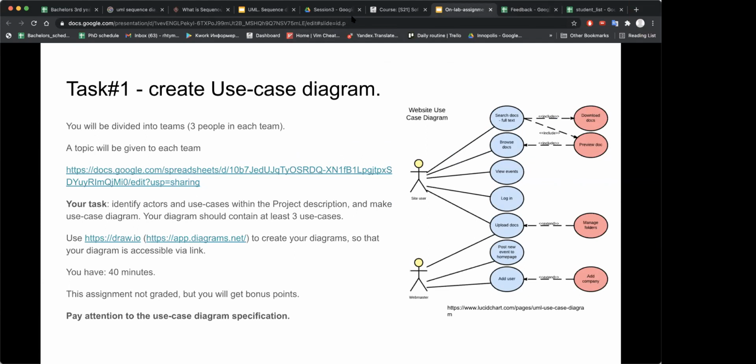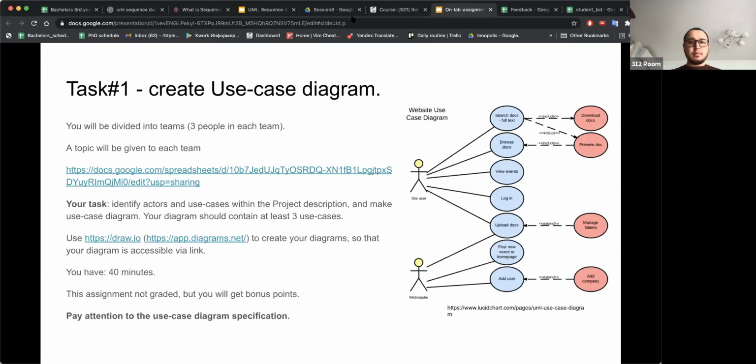Are we going to be divided randomly? Yes, you're going to be divided randomly, and this task is not graded. You will not earn real points, but if your team produces some output, you will get bonus points.